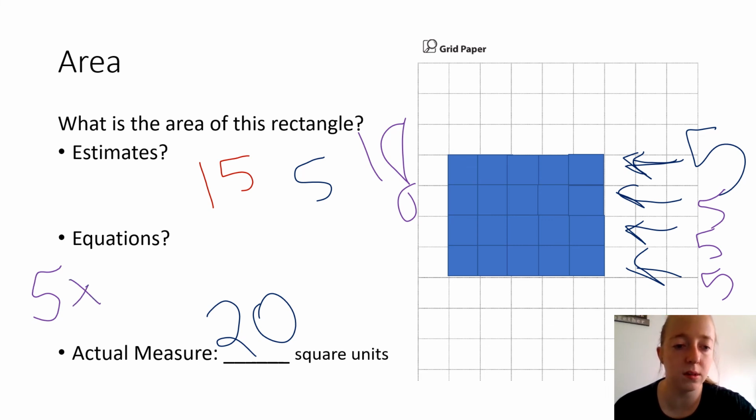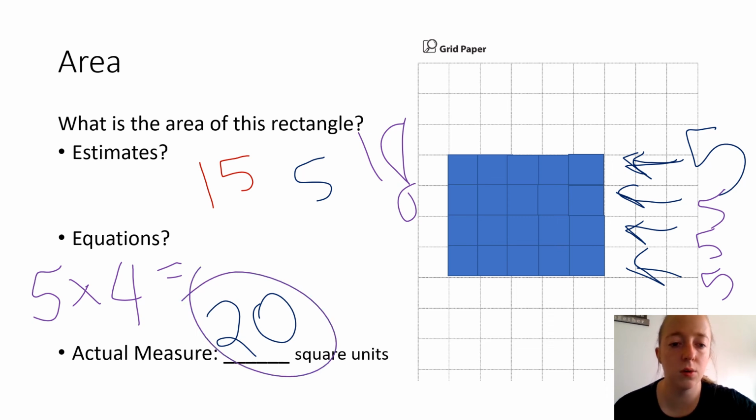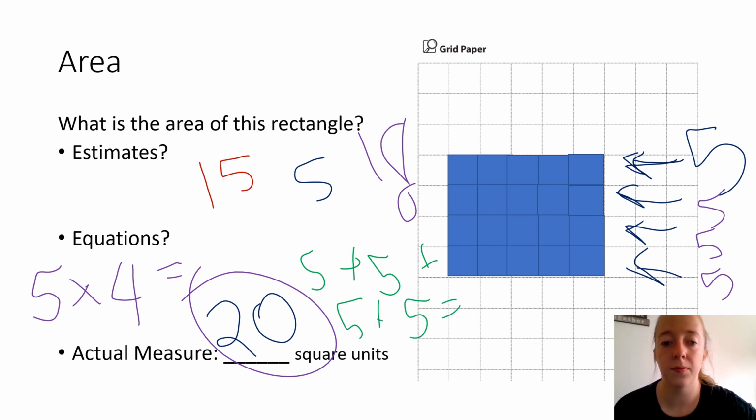So that is a multiplication equation. 5 times 4 is 20. You can also do what's called repeated addition. That means you're adding over and over again. 5 plus 5 plus 5 plus 5 is 20.